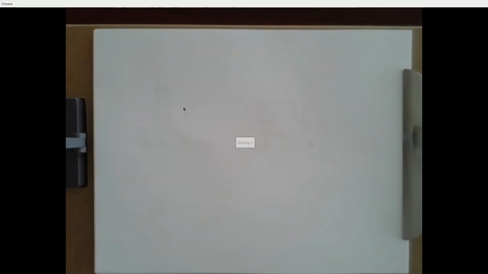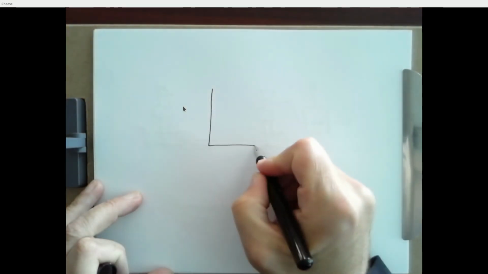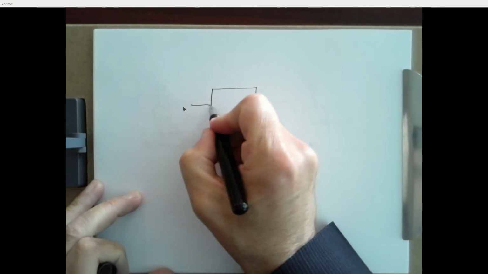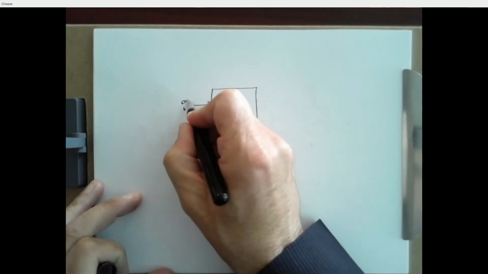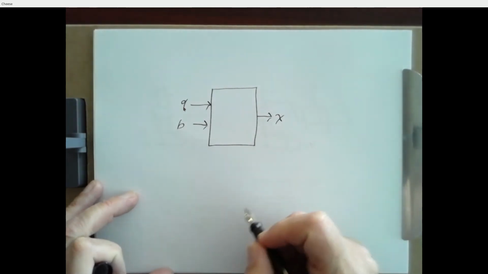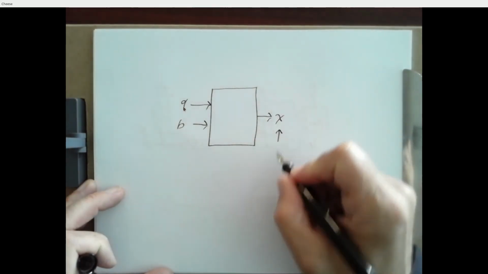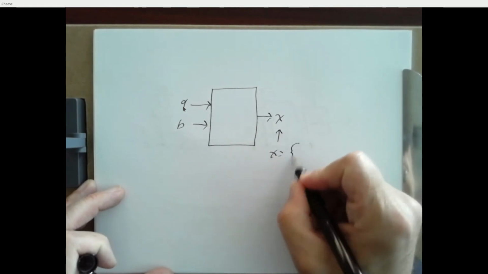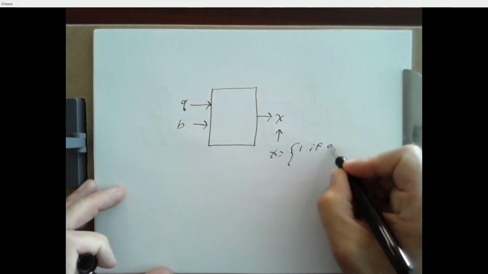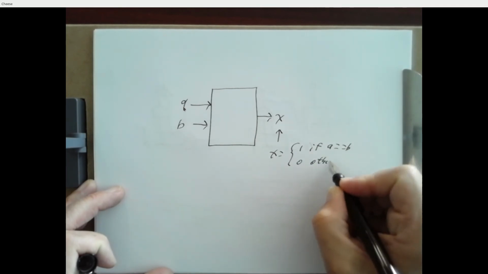So, block diagram. A and B are one bit inputs, and x is equal to 1 if A is the same as B, and it's 0 otherwise.